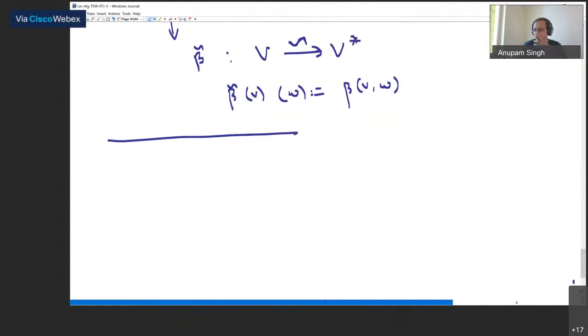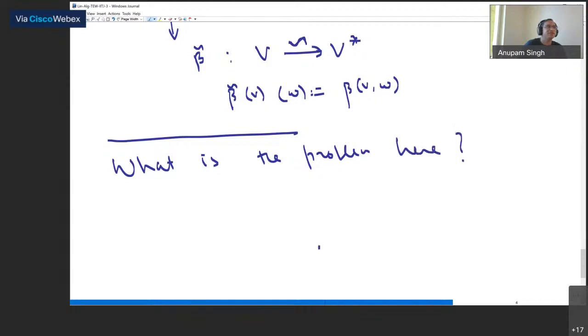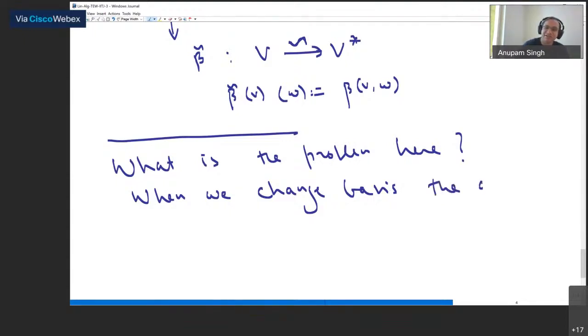Okay, all right. So now what is the problem here? We know that whenever we change basis, something happens, right? So we need to understand that when we change basis, the associated matrix may change.